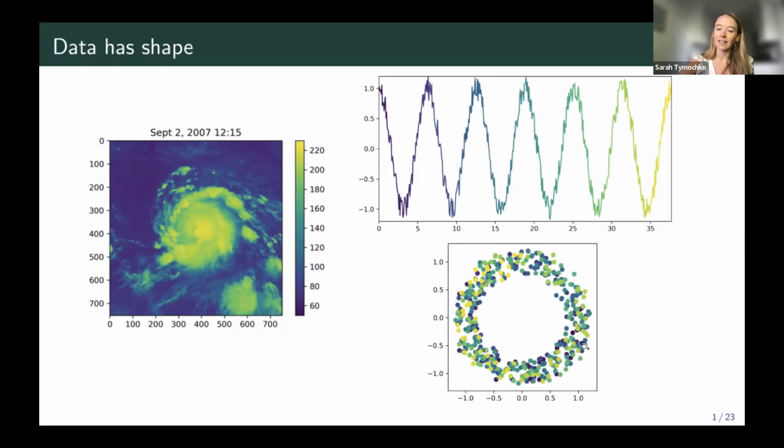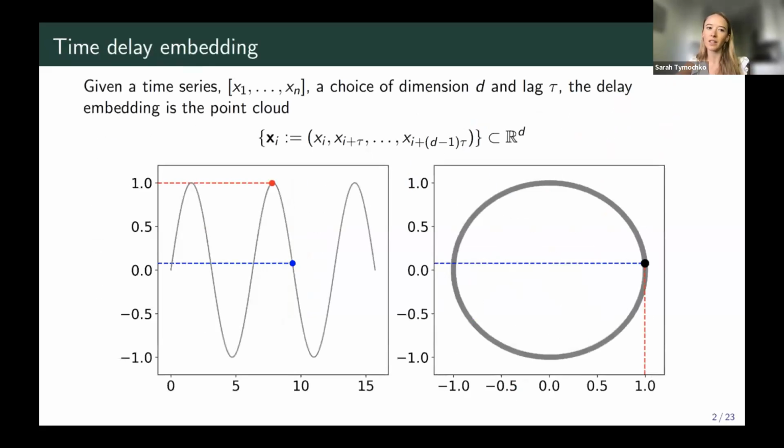So TDA is really great for detecting circular features. And so being able to pick up these underlying patterns in time series data is a really good pairing of the two problems. So that embedding that I mentioned is something called the time delay embedding.